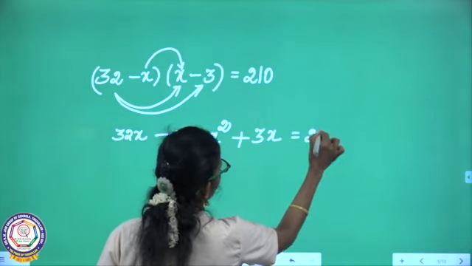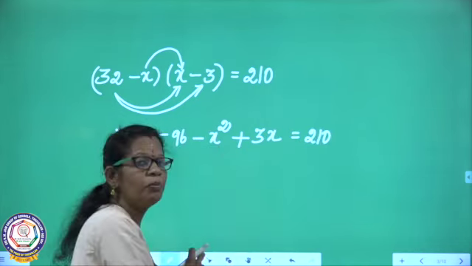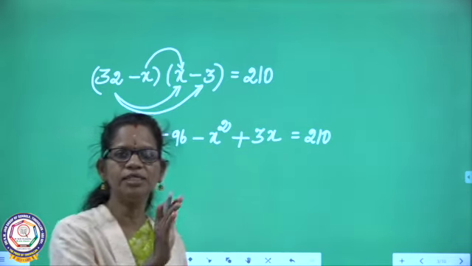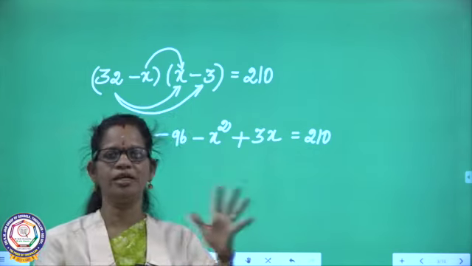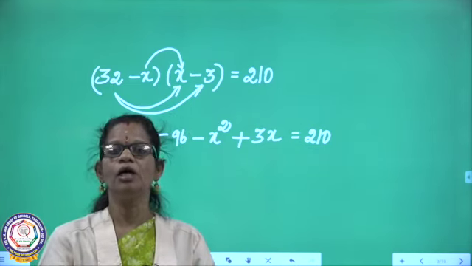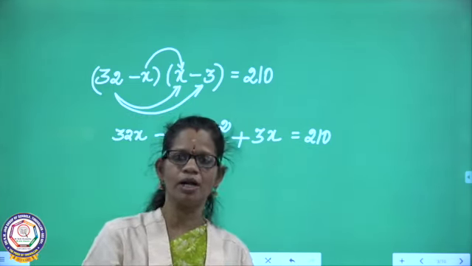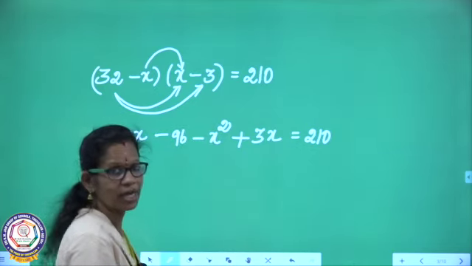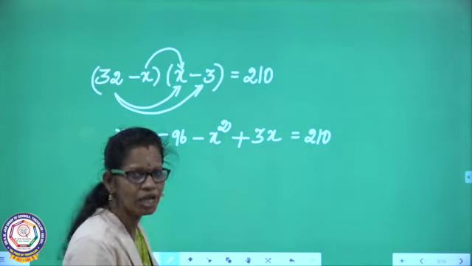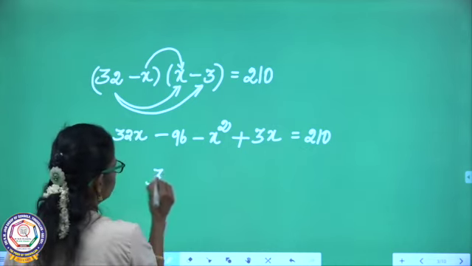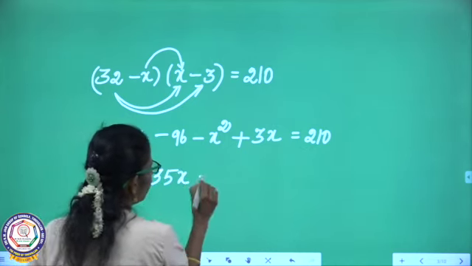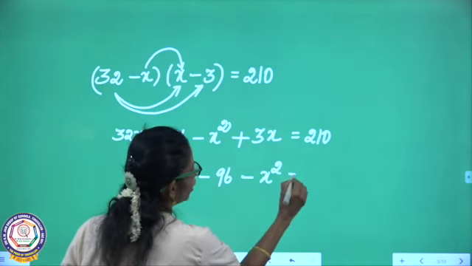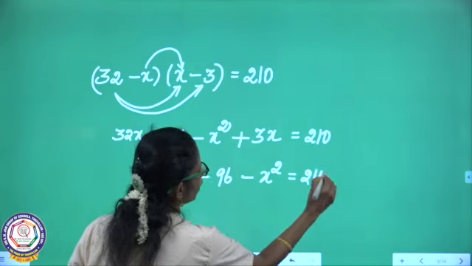equal to 210. When does it become a quadratic equation? Yes, very good. When the right hand side becomes 0, you can say it is a quadratic equation. That means you arrived at the quadratic equation. Now you see 32x plus 3x, how much? 35x minus 96 minus x square equal to 210.